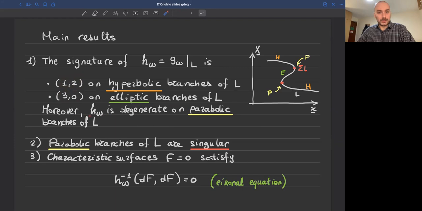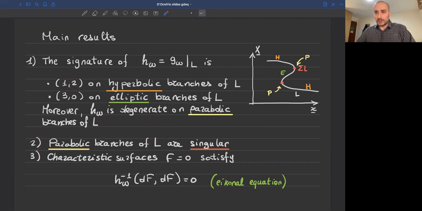And last, H omega is degenerate on parabolic points. Second point, parabolic points of every generalized solution are always singular.